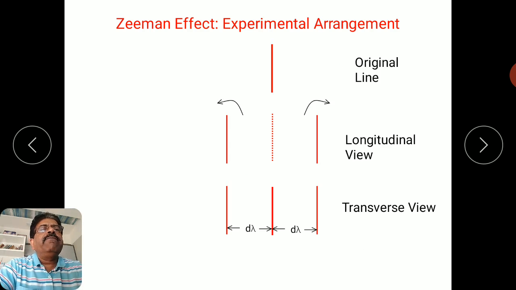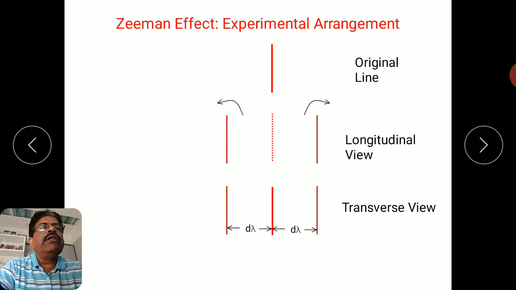So let us see what one can observe here. If you place the spectrometer parallel to the direction of the magnetic field, that will be a longitudinal view, and what is observed is that two lines appear when you observe through the spectrometer, and both of these lines, you can see this line and this line, are circularly polarized but in opposite directions.